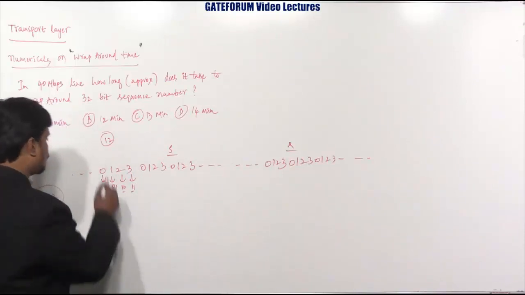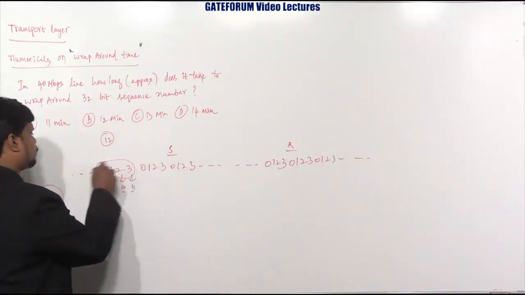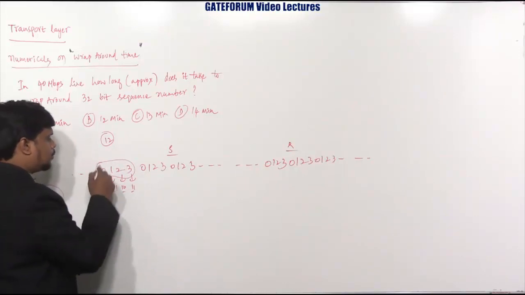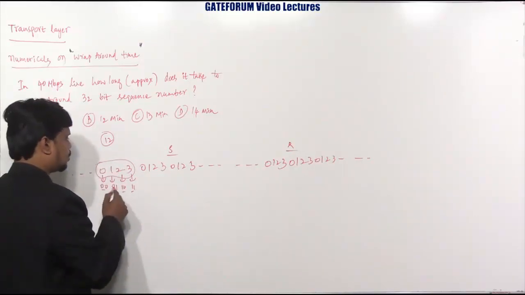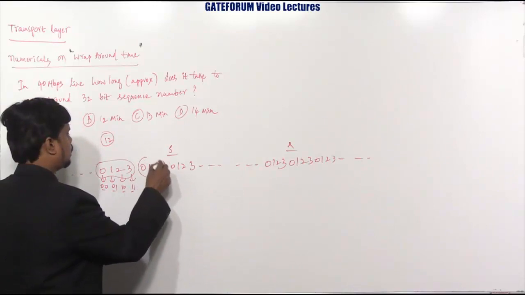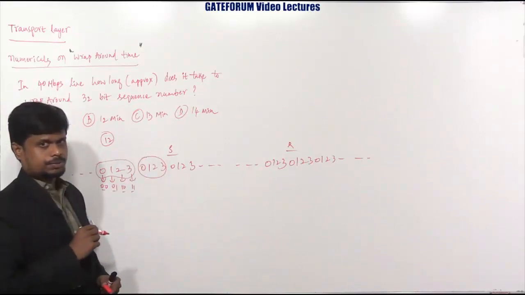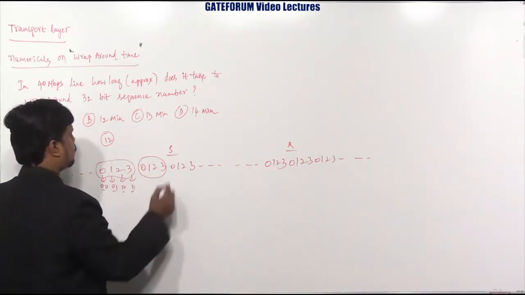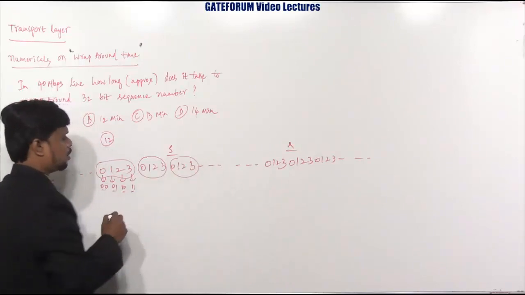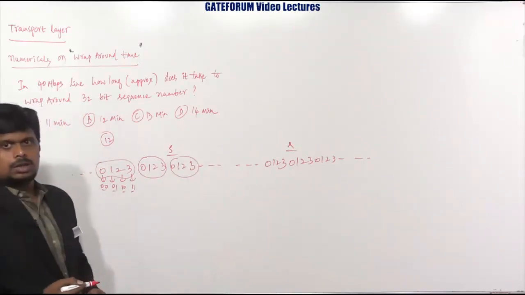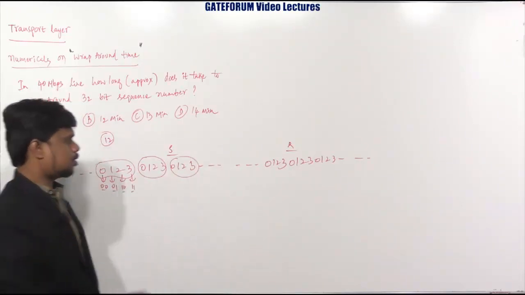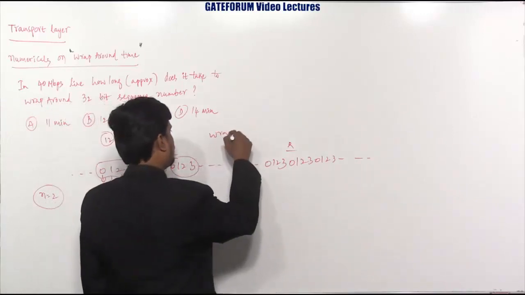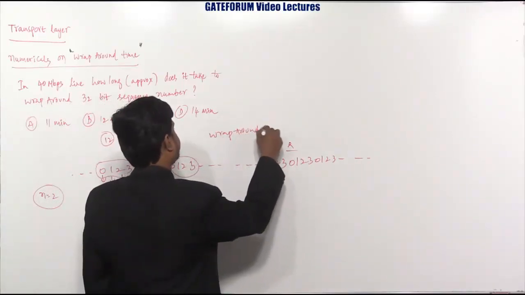So this is one set of sequence numbers. After this set, again we generate the same set of sequence numbers, and after that again the same set.